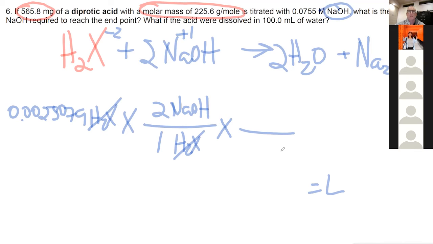What do I put on the bottom? 1 liter for every 0.0755 moles of sodium hydroxide. That gets rid of my moles of sodium hydroxide, and I'm left with liters. That's what I want. So I think we're there. How many liters is that?